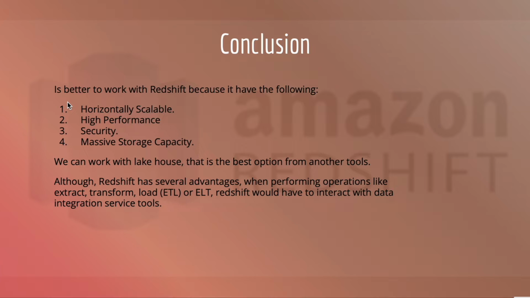It does have great advantages. But when you want to perform operations like ETL or ELT, you have to interact with other tools to perform these operations. But that is basically all for Amazon Redshift. Next, we'll be going on to the demonstration of Amazon Redshift.